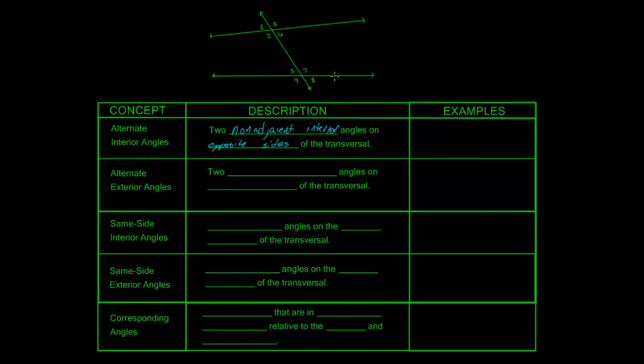Let's look at our examples here. Let's take angle 7 and see what the alternate interior pair of angle 7 will be. We have angle 7 right here. It has to be on the interior. By interior, let me go ahead and color this in so we can see. This will be considered our interior.